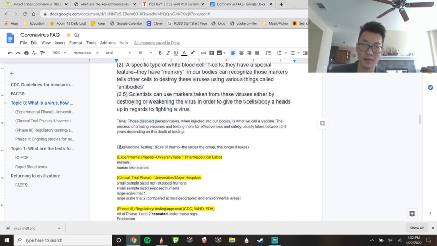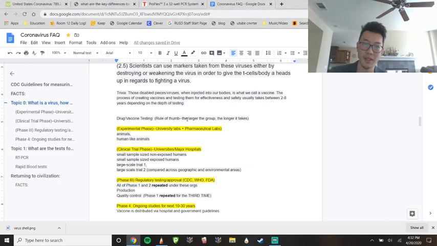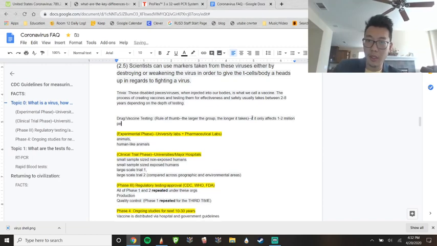So, drug and vaccine testing, the rule of thumb is that the larger the group, the longer it takes. The reason for that is because if it only affects 1 to 2, say, million people, then one, it's less urgent, and two, it doesn't impact the rest of the 200 something million people, probably 300 something million people living in the United States. So how in-depth the testing is does not have to be as deep, and it doesn't take as long.